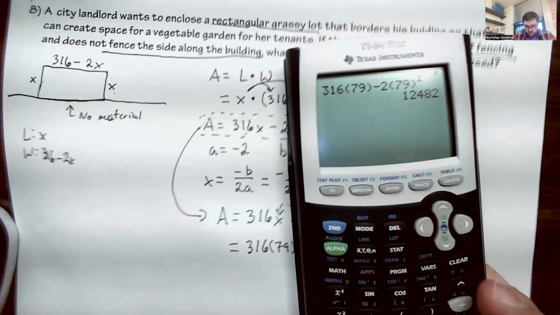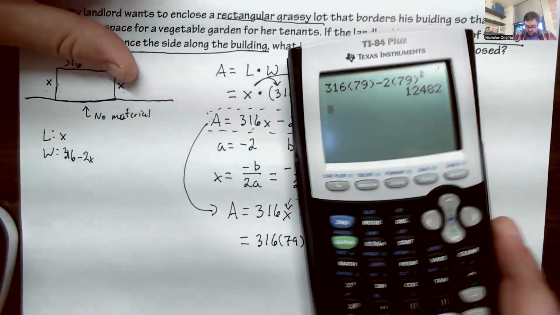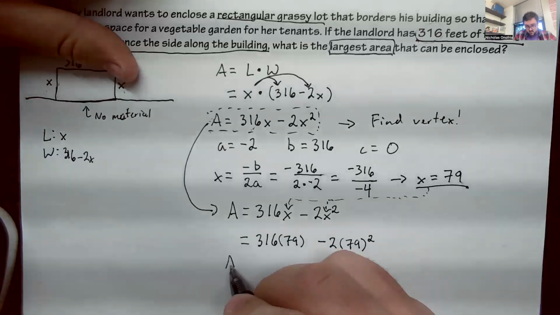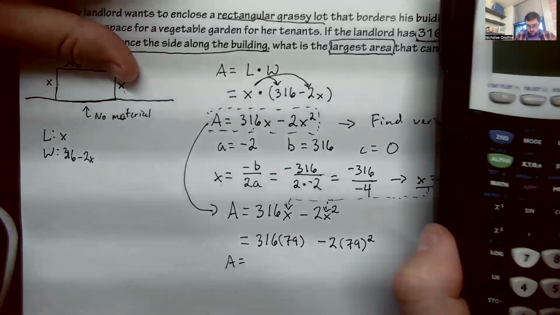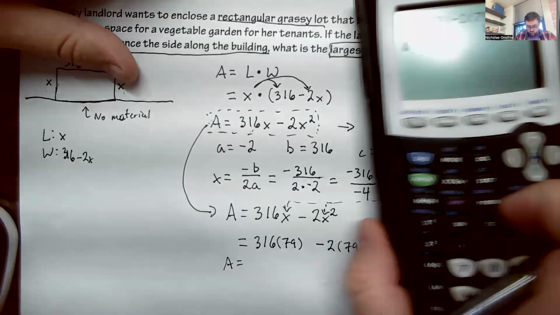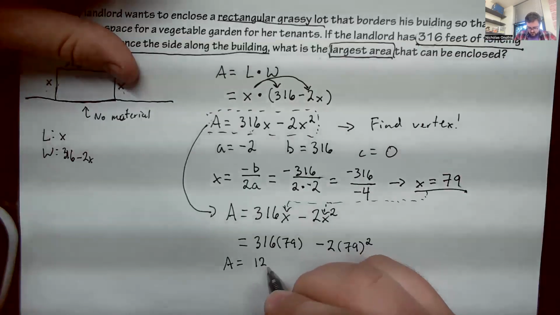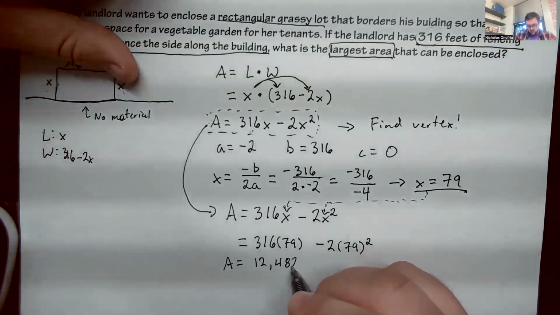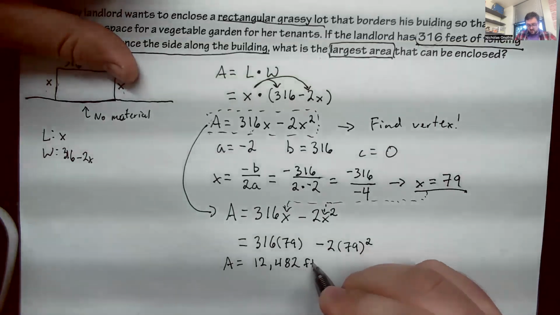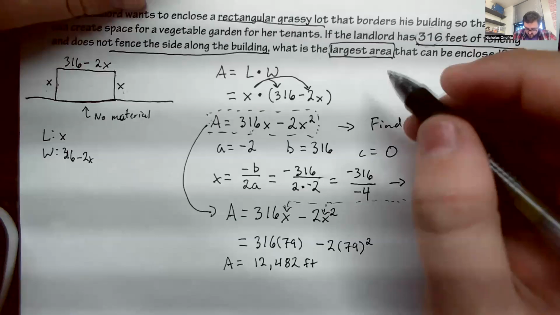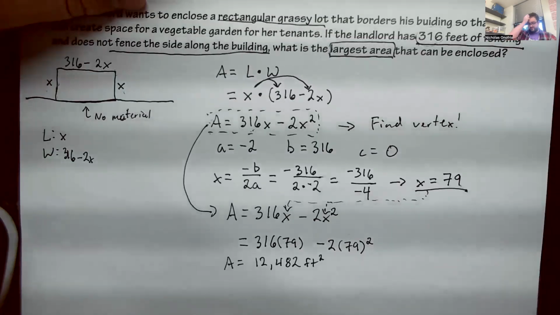Plug that in, and there's your answer. Our area is equal to 12,482 feet. An area is measured in feet squared.